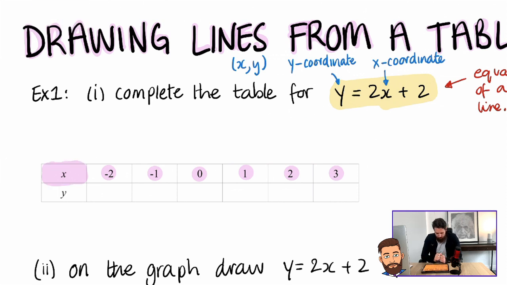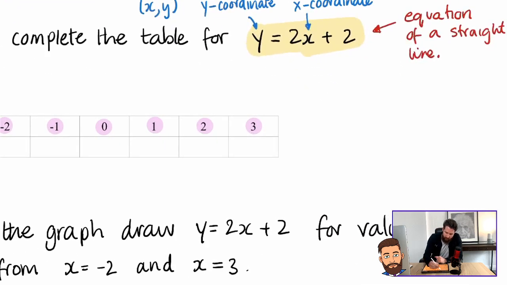So I'll walk you through this. This table is what we call a table of coordinates. Okay, so we could add that note in. This is a table of coordinates. Why is it a table of coordinates?